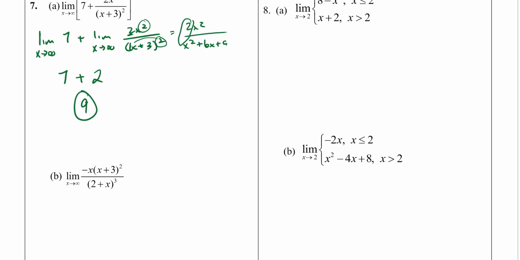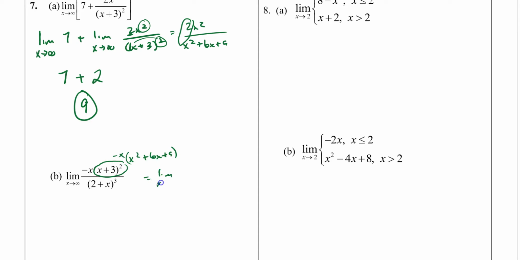Part B. This is going to be similar to one of our previous problems. So we're going to start with looking at what happens when we try to expand this. So this guy turns into x squared plus 6x plus 9, and then you're going to multiply it by that negative x.